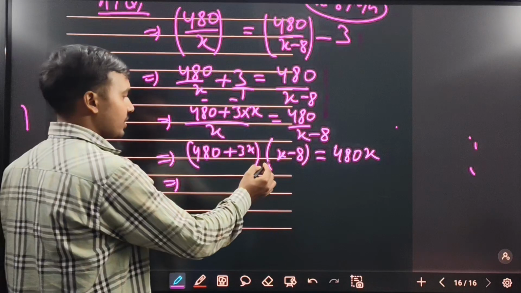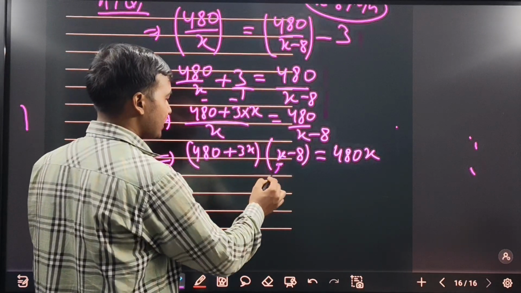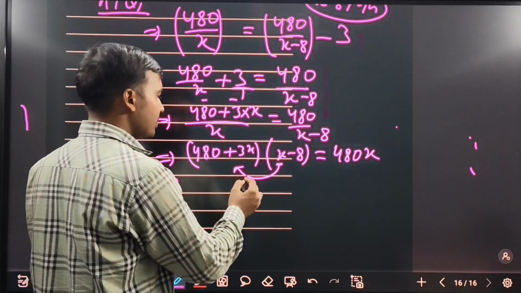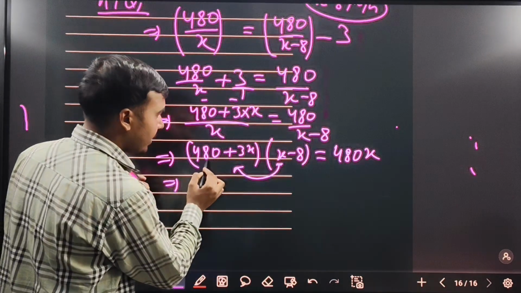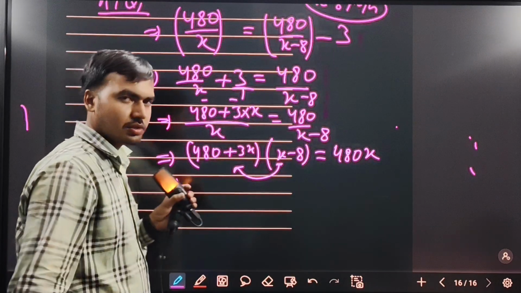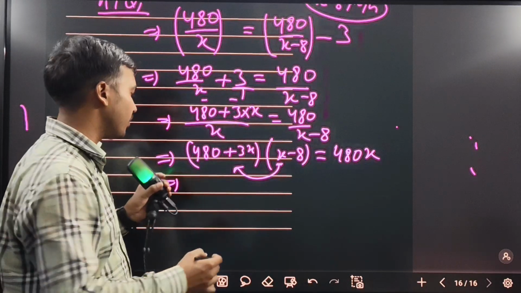Okay, so firstly you will multiply this x with these whole terms, either with this or this, or 480 with x minus 8. Whatever steps you want to follow, you can follow.